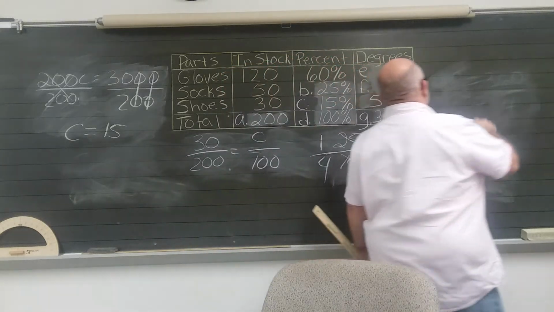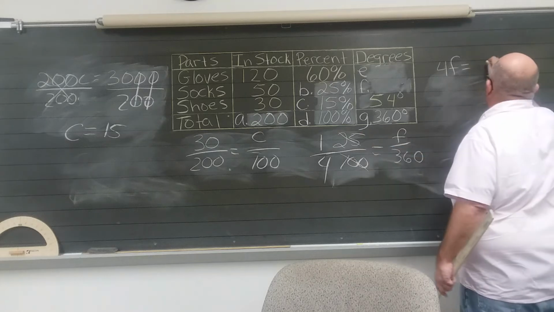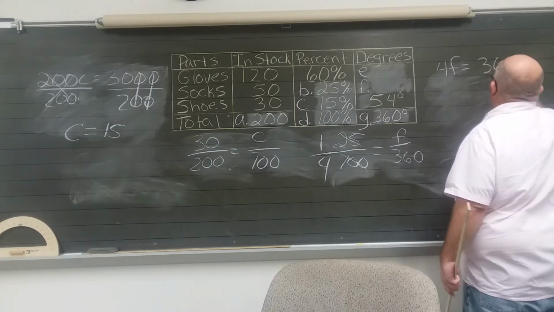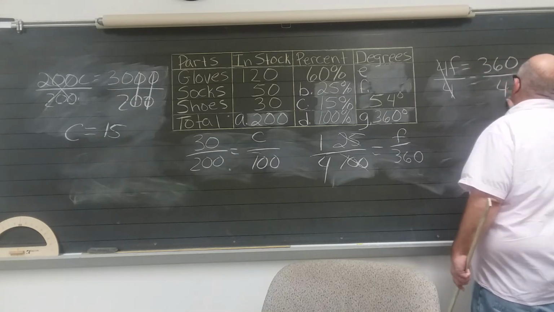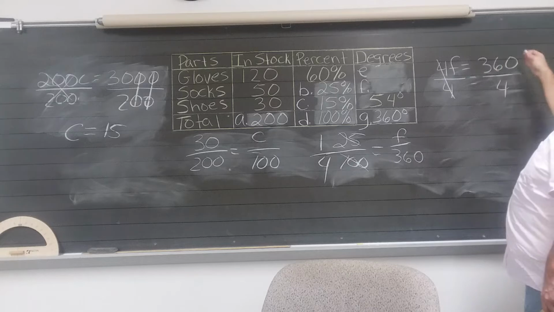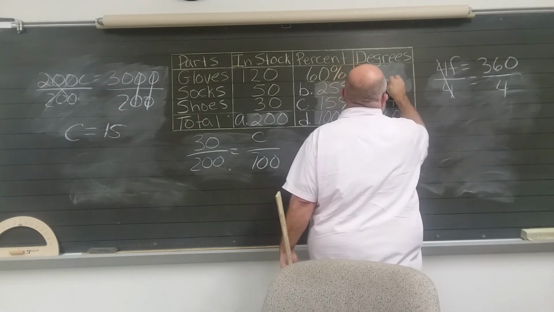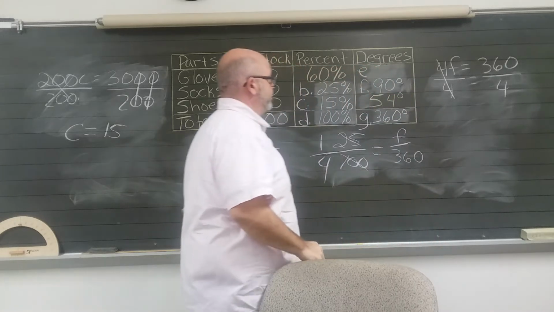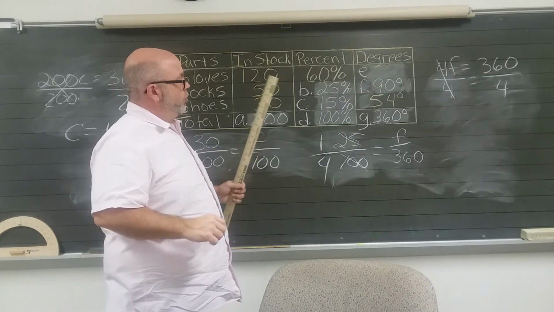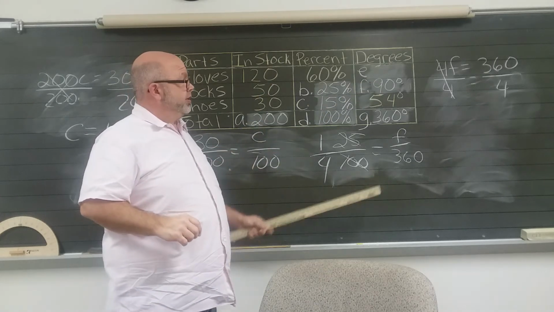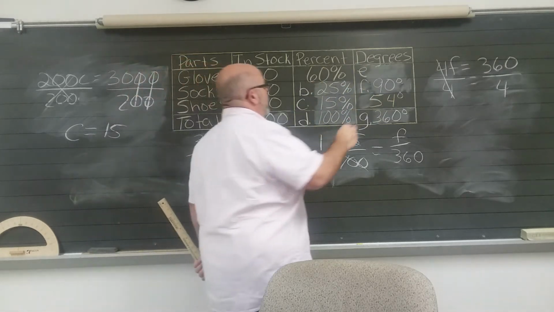So now you have 4F equals 1 times 360, 360. Divide those both by 4. 4 into 36 is 9 with the 0, 90. 90 degrees. All right? Add those two up. 90 plus 54 is 144. 360 minus 144 is 216 degrees.